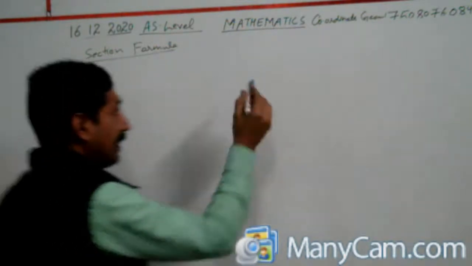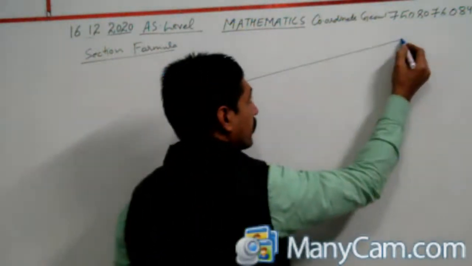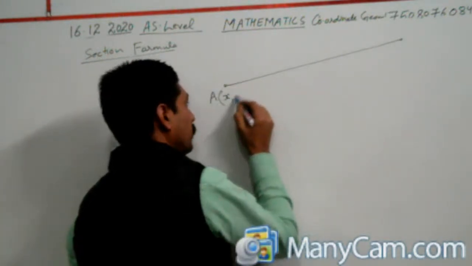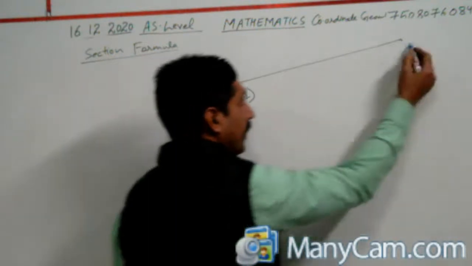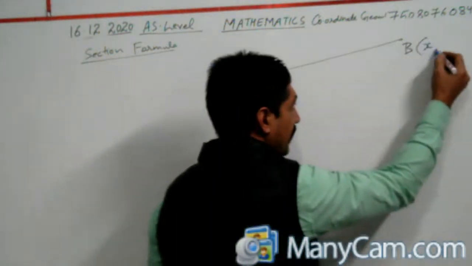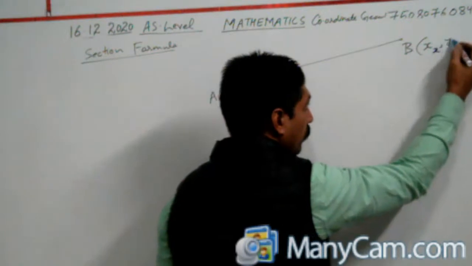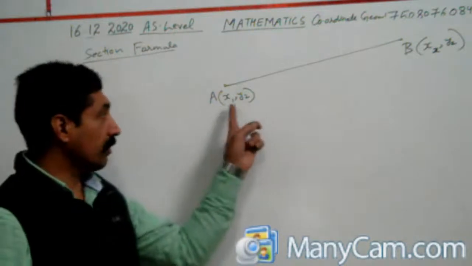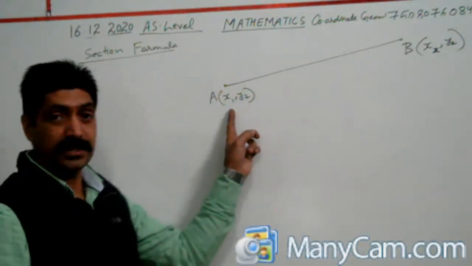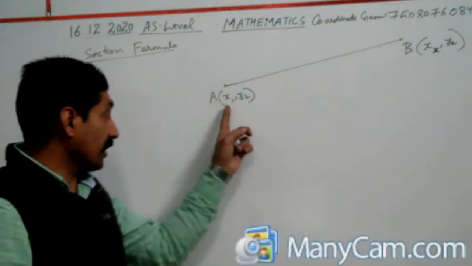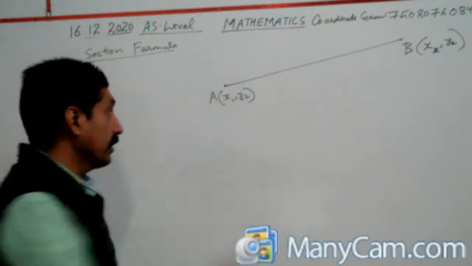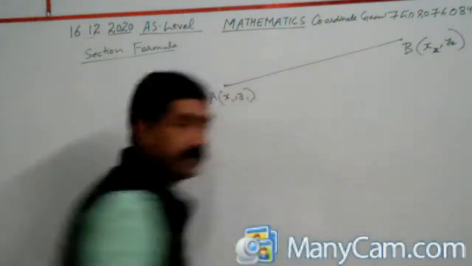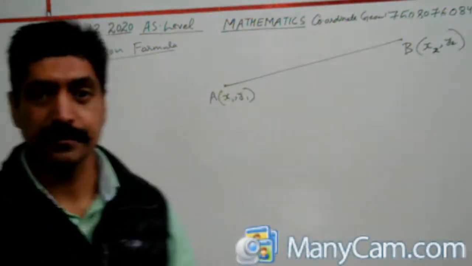If we have a line segment AB, the coordinates of point A are x1, y1 on the plane, and the coordinates of point B are x2, y2.